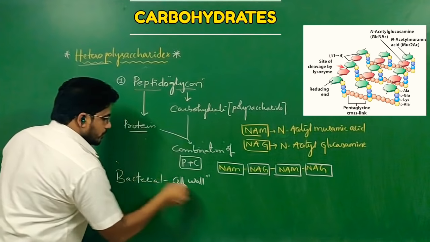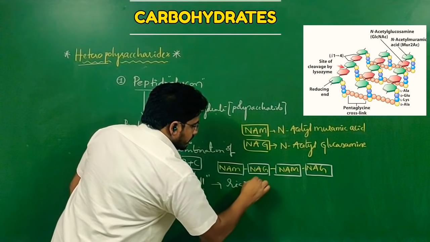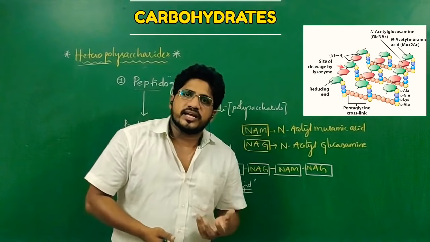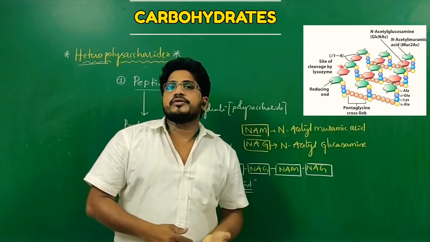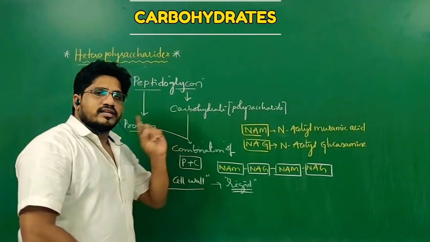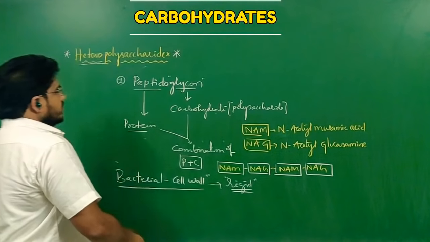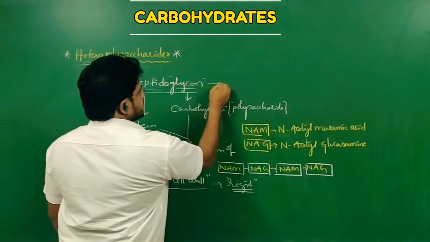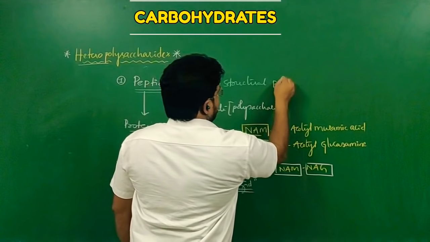Because of the peptidoglycan, the bacteria cell wall is rigid. Rigid means what? Tough. That's why a bacteria can sustain in our body longer time and also can infect our immune cells. Sometimes they also dominate and cause disease. Bacteria cell wall is the toughest part in the entire structure of its prokaryotic organization. Then this peptidoglycan does not help in storage, it is a structural polysaccharide.